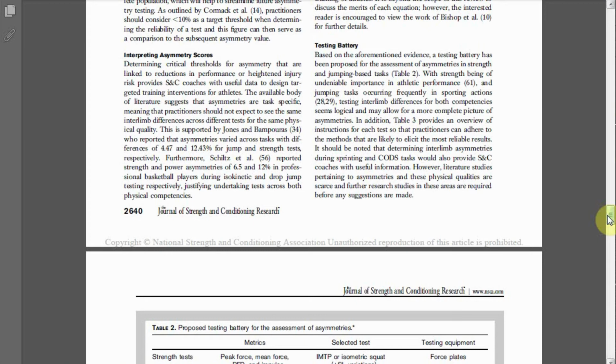They're probably very metric specific within those tests. They're direction specific if we think about multi-directional jumping as an example, and they're probably also population specific. So I think to classify one threshold as being a target for heightened injury risk is probably a bit too simplistic.